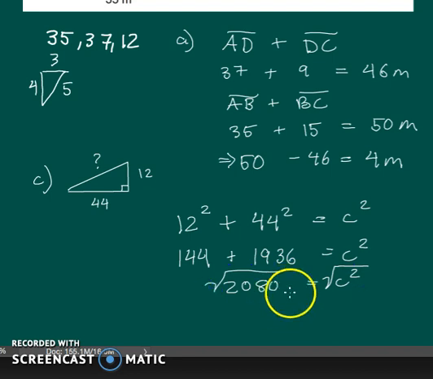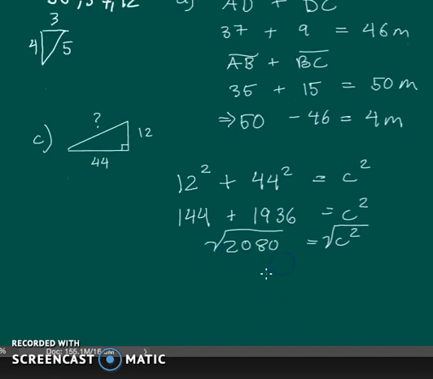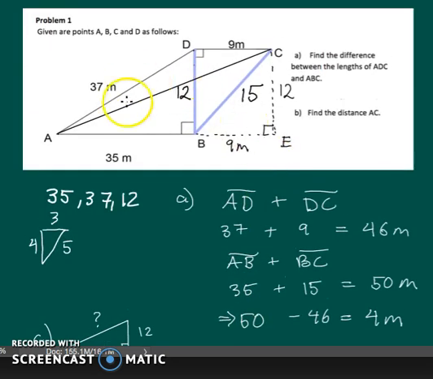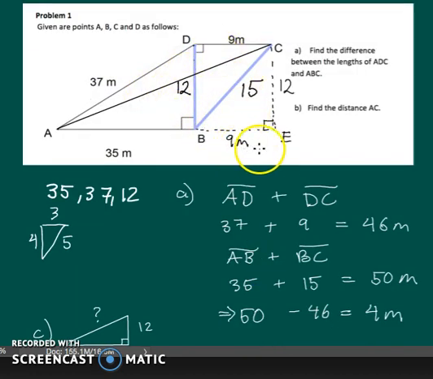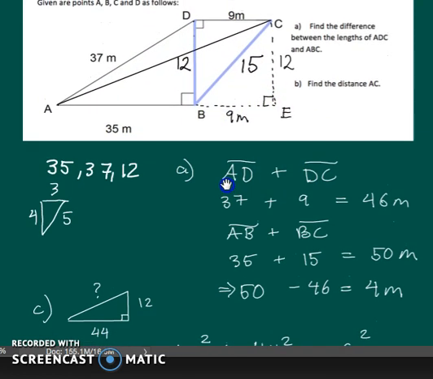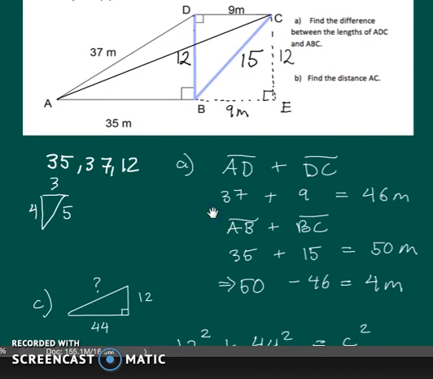Square rooting both sides, you will get an approximation of about 45.6 meters. So that is the length that we are looking for. This length here, AC, is approximately 45.6 meters. And looking at our triangle here, that probably makes logical sense.